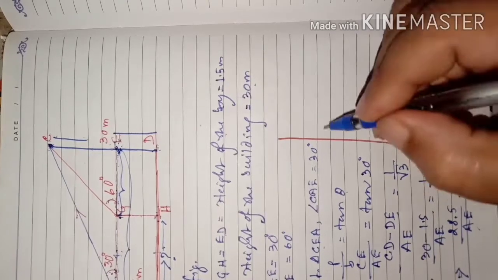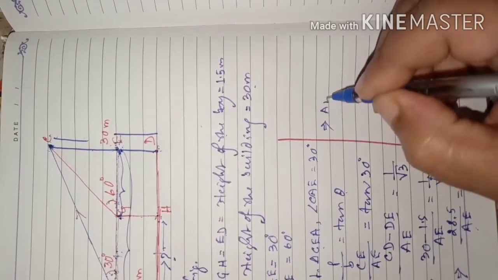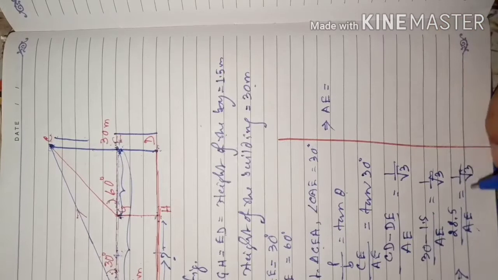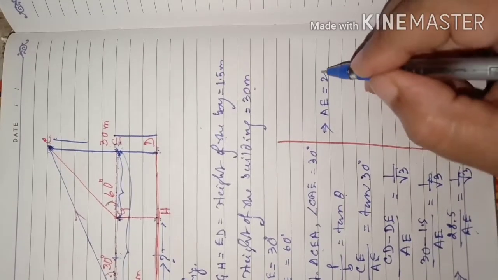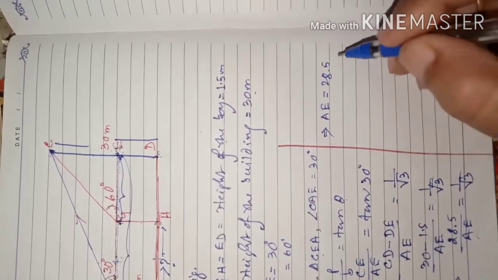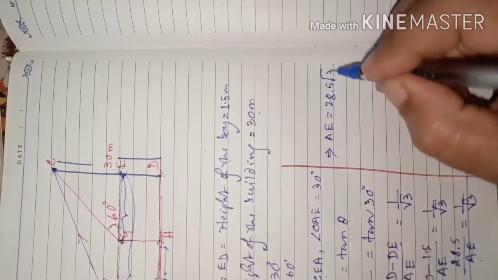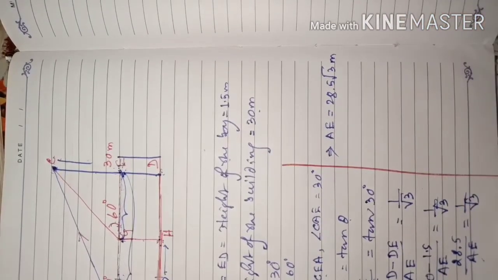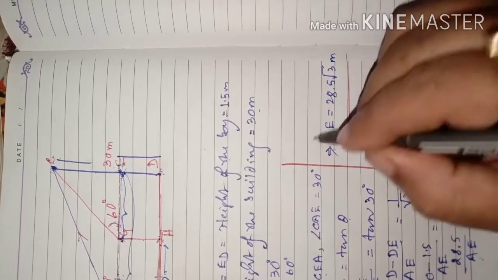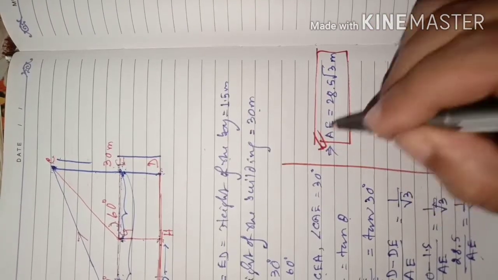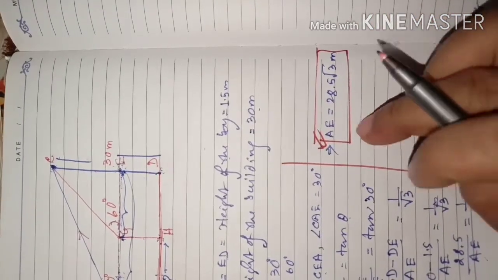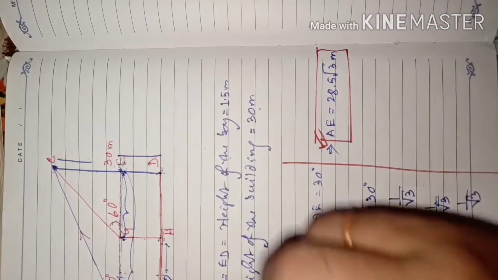AE into 1 is AE. AE is equal to root 3 into 28.5, that is 28.5 into root 3 meter. This is AE. Keep it. Just now we'll use it, but just now we have to keep it as it is. Now we'll find out what?